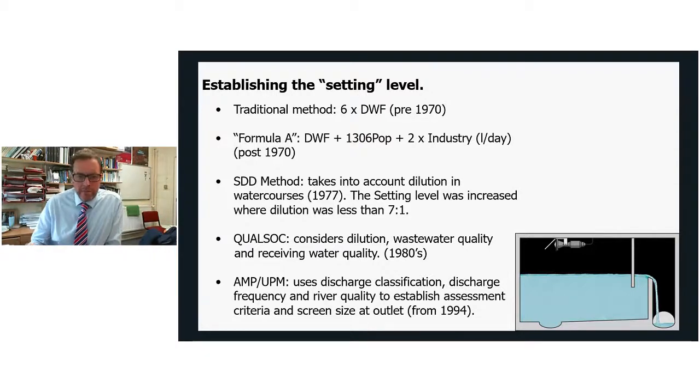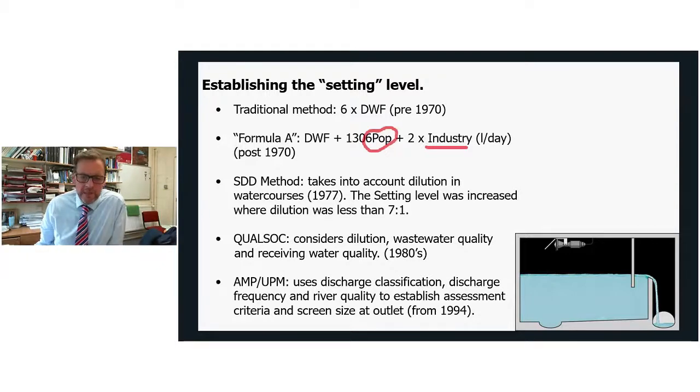So that means that as well as using more water, their watercourses also had more protection from spills, because they were using more water, and that was used as the multiplier, which didn't really seem like a proper basis. And so this was changed post-1970 to take account of local population numbers and also industrial inputs as well, more directly.